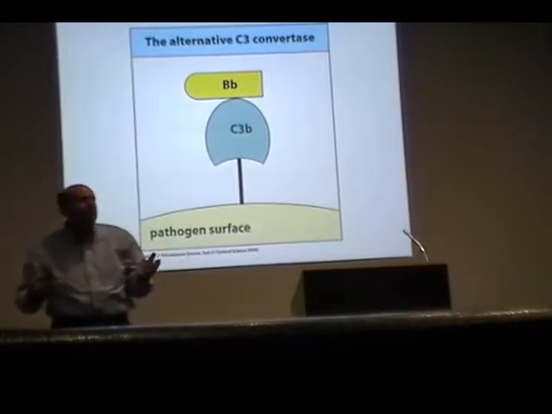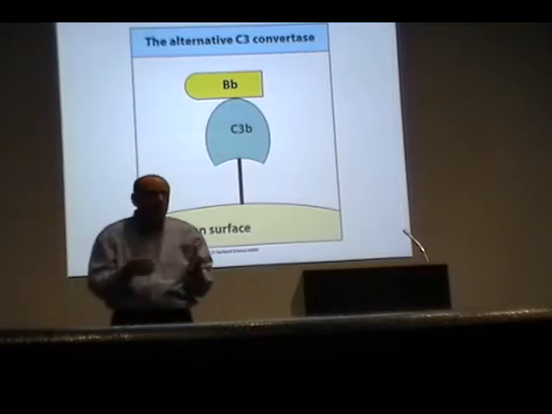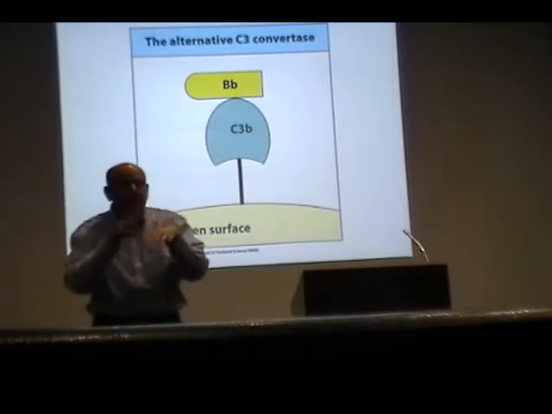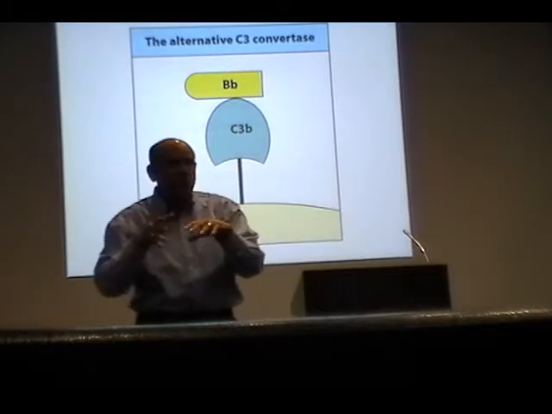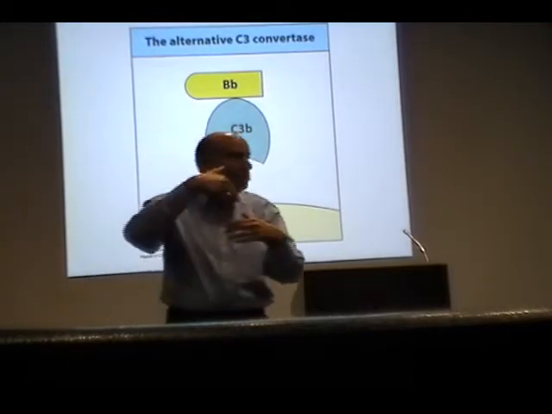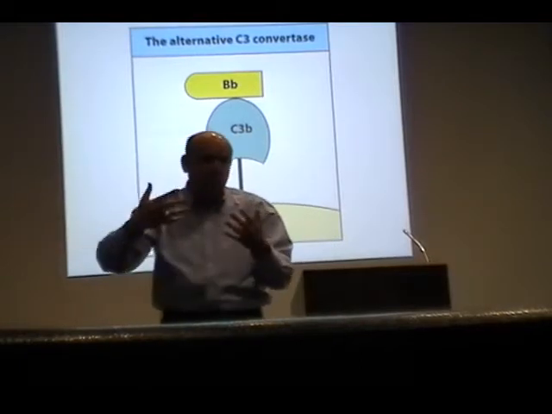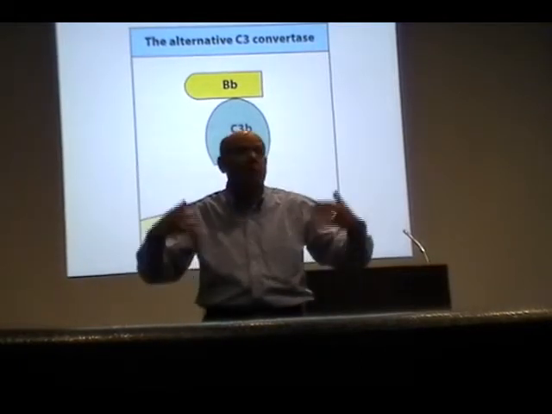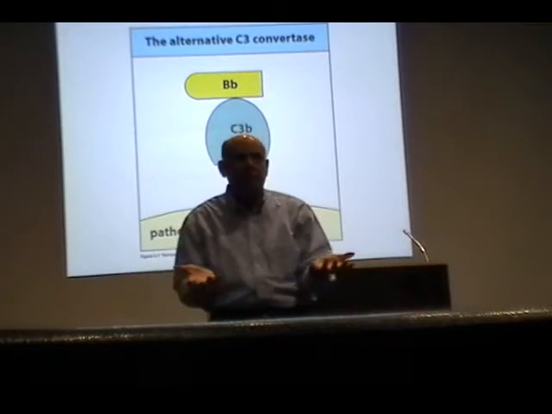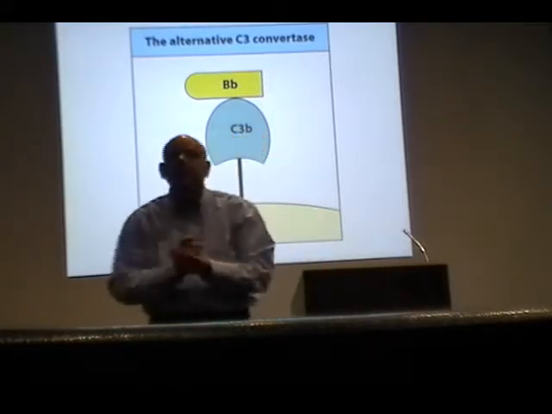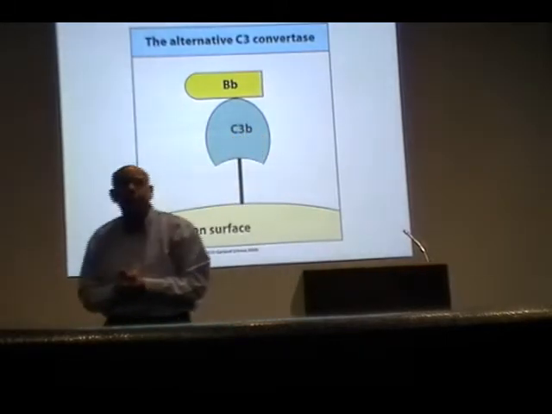How do you get 100,000 molecules of C3b on it? Well, you do the enzymatic activity of cleaving C3 into C3b, it binds to the surface. You add B to it, B is cleaved by D. Now you have C3b Bb, which is a convertase. You've got more and more C3b all over the bacteria. You have coated the bacteria with C3b.